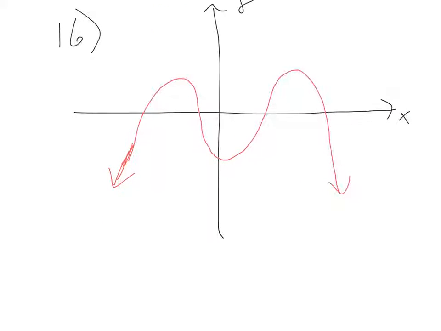So the end behavior just basically means what is happening as we approach negative infinity in the left direction, and what happens as we approach positive infinity in the positive x direction, or the right direction.